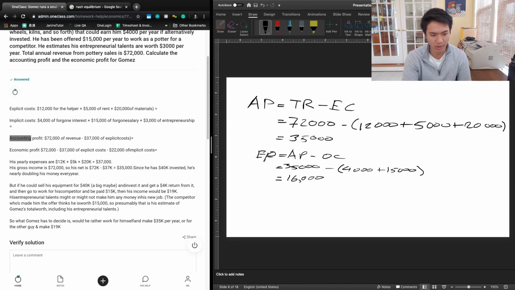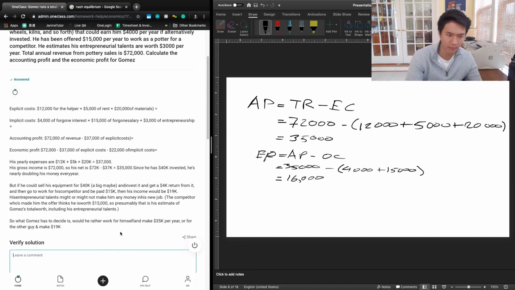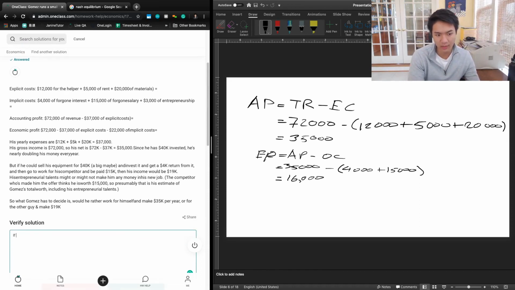And so the one thing we're going to decide to amend is this idea of the $3,000, right? If the competitor estimates Gomez's total worth, including entrepreneurial talent, to be $15,000, then we would not double count the $3,000 additionally in the implicit cost calculation.